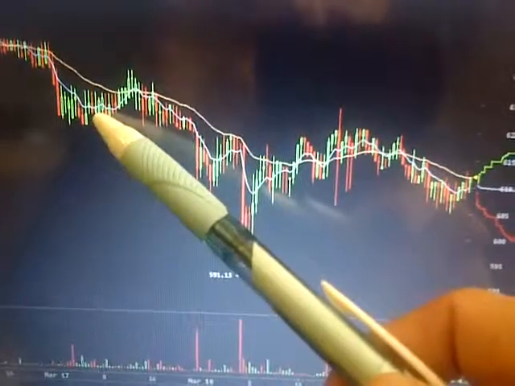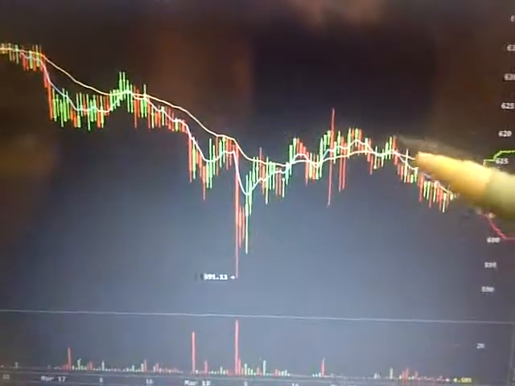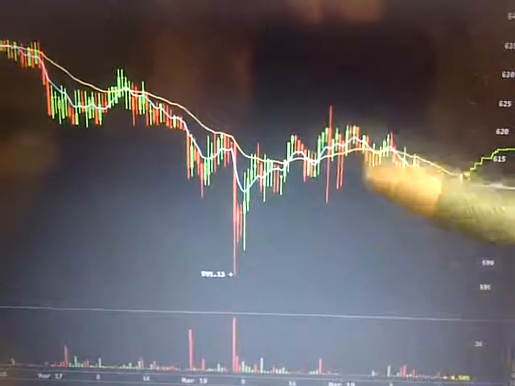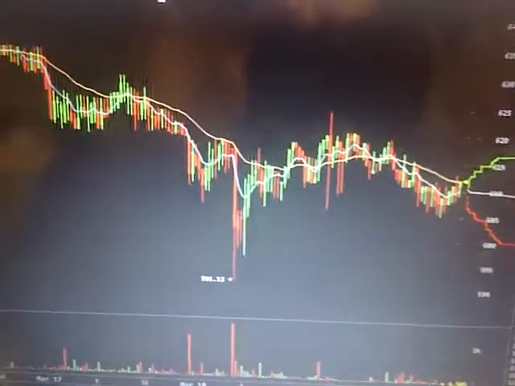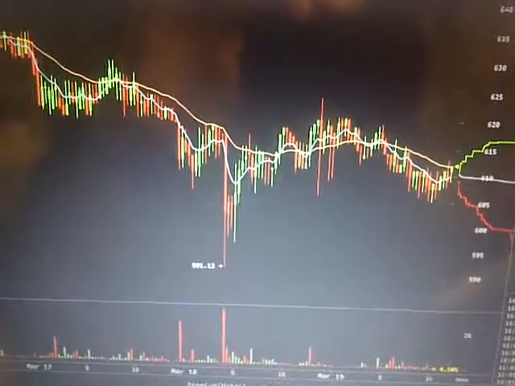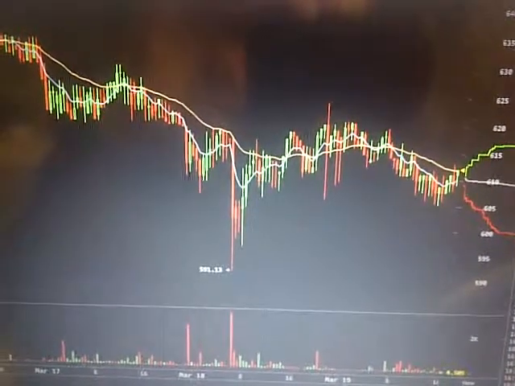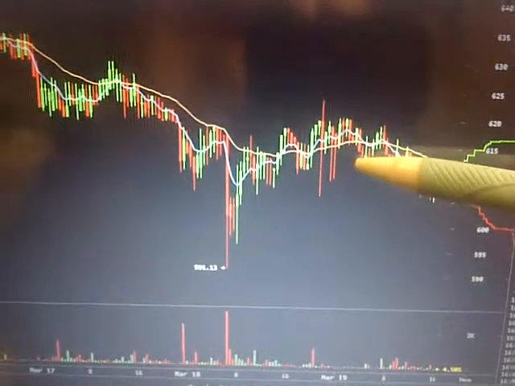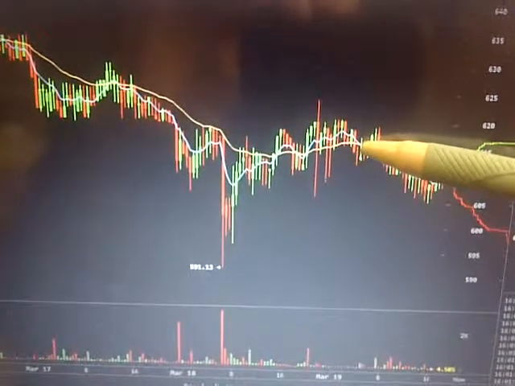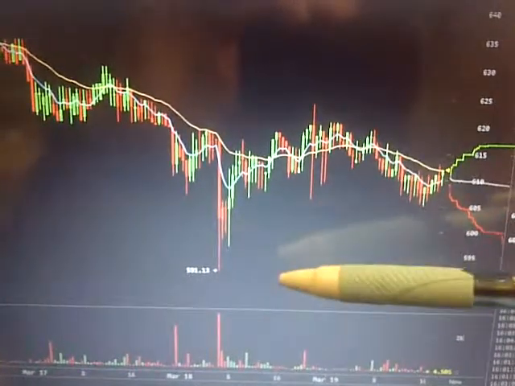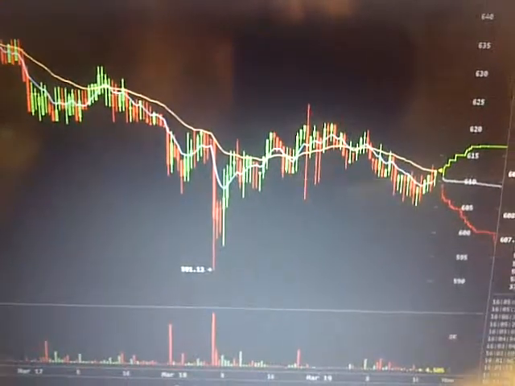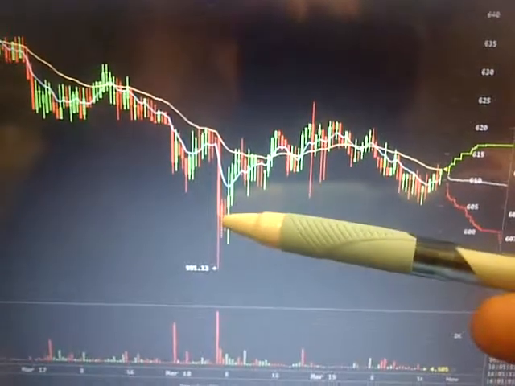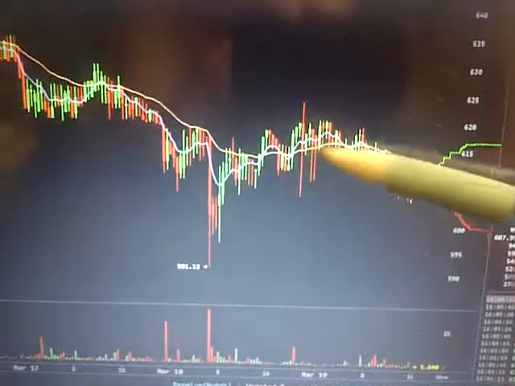Of course, in order to short a Bitcoin, you have to own a Bitcoin. You can't just say, I want to short a Bitcoin. You have to buy a Bitcoin, get it to the exchange and then short it, which would defeat the purpose of buying it. So anyways, this is what's going on here.